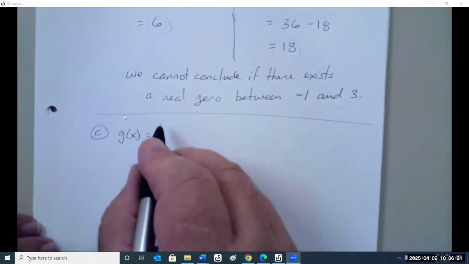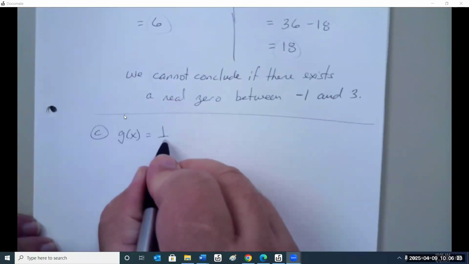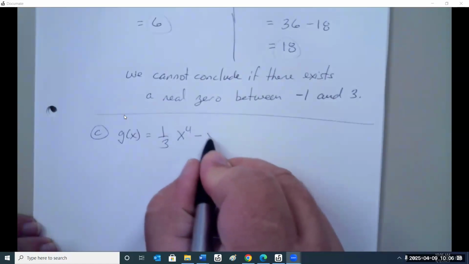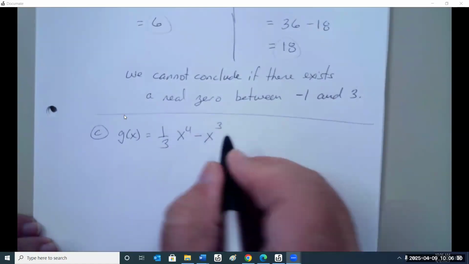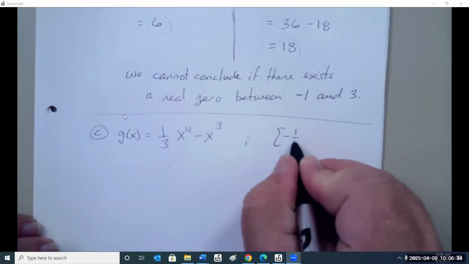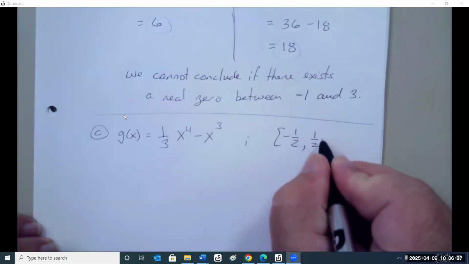We'll do one more. So we have 1/3 x to the 4th, minus x to the 3rd, for the interval -1/2, 1/2.